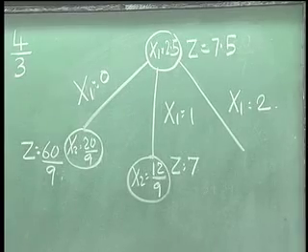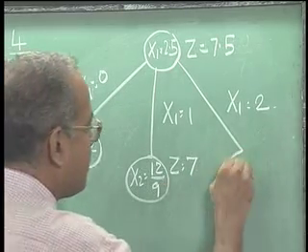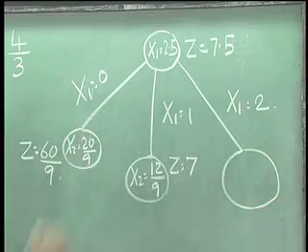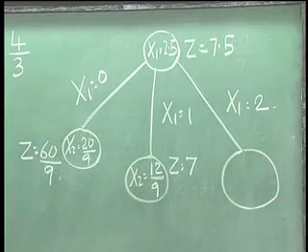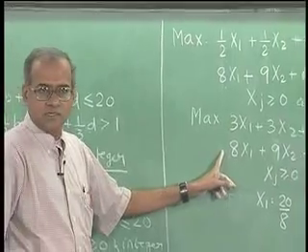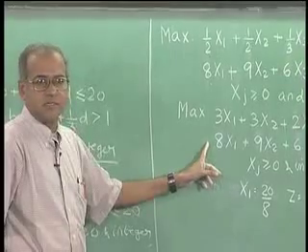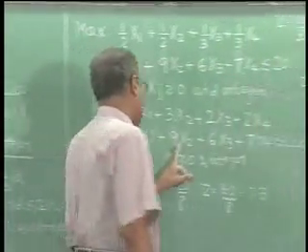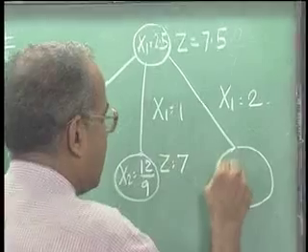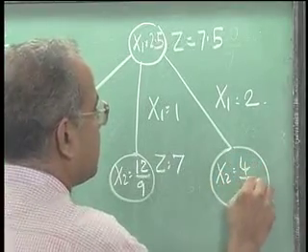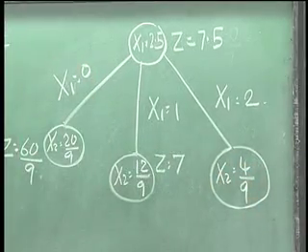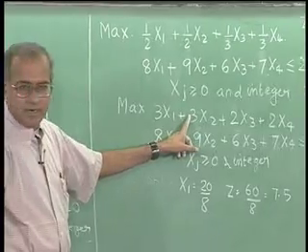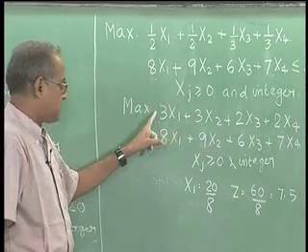Now, when we fix x1 equal to 2, we use up 16 units of this resource. We have 4 units of this resource available. So, this would give us a solution x2 equal to 4 by 9, z is equal to 12 by 9, plus we have used 2.